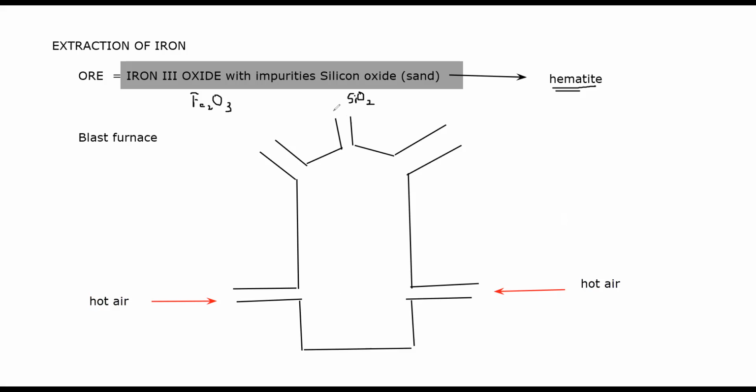And from the top, first what we add is carbon, basically coke. So the raw materials which we use in the blast furnace: we use coke, which is carbon. We use ore and limestone, which is calcium carbonate.